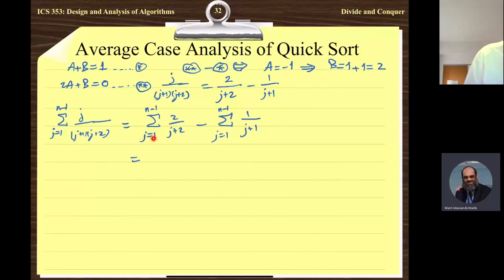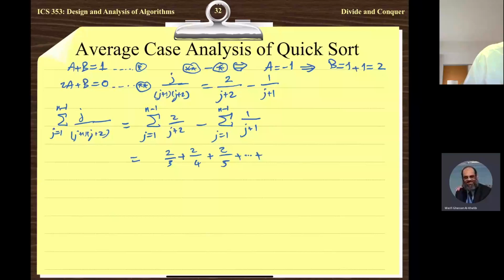So if I start with j equal 1, the first term is 2 over 3, right? So this is 2 over 3 plus 2 over 4 plus 2 over 5, because every time I'm increasing the value of j by 1 until I reach the last one. So let's write the last one and the one before it.